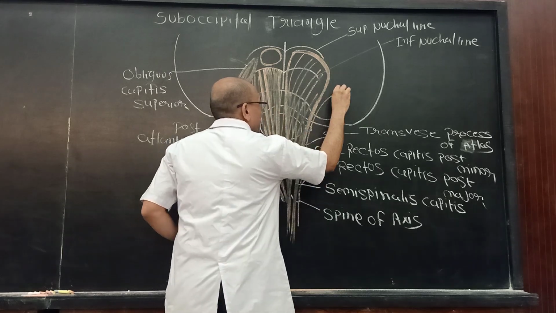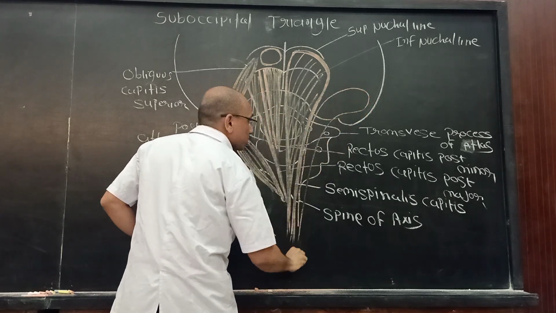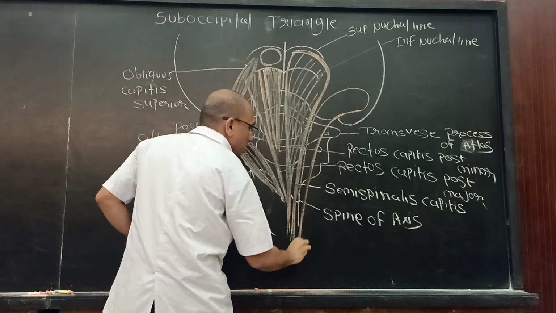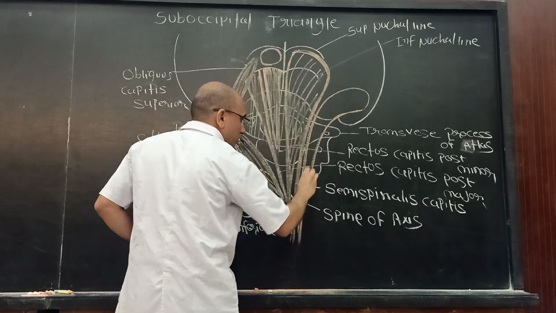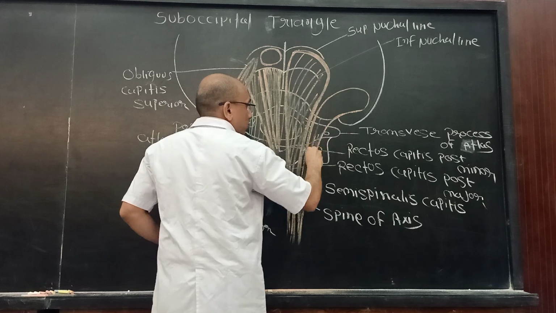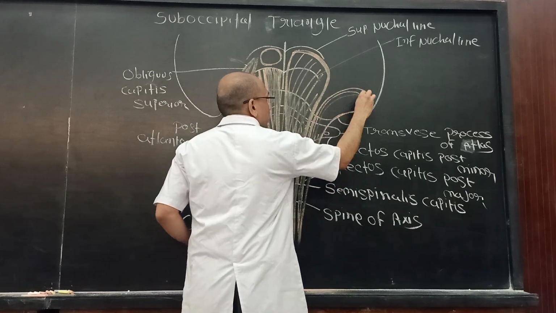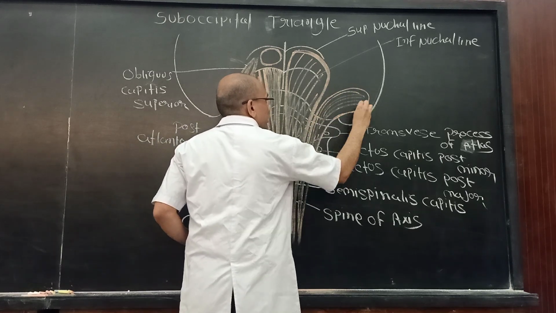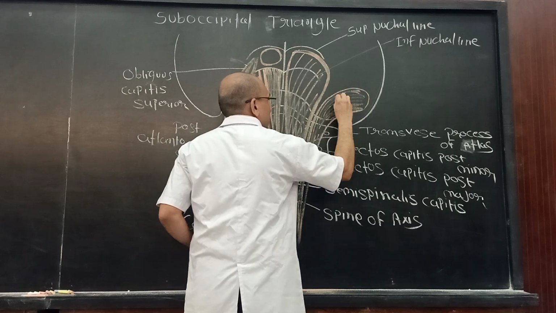Along with the semispinalis capitis, lateral to it another one which form this roof. I am drawing it, and this one is longissimus capitis, which is inserted along with this sternocleidomastoid and splenius capitis at the mastoid process.